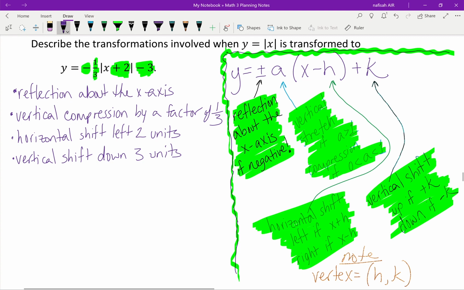I have a little note at the bottom of my key to life that says that the vertex is HK. This is because if you're just thinking about this graphically, and now we're graphing it, the original, the parent function, probably looks like this. That's how the absolute value function looks.